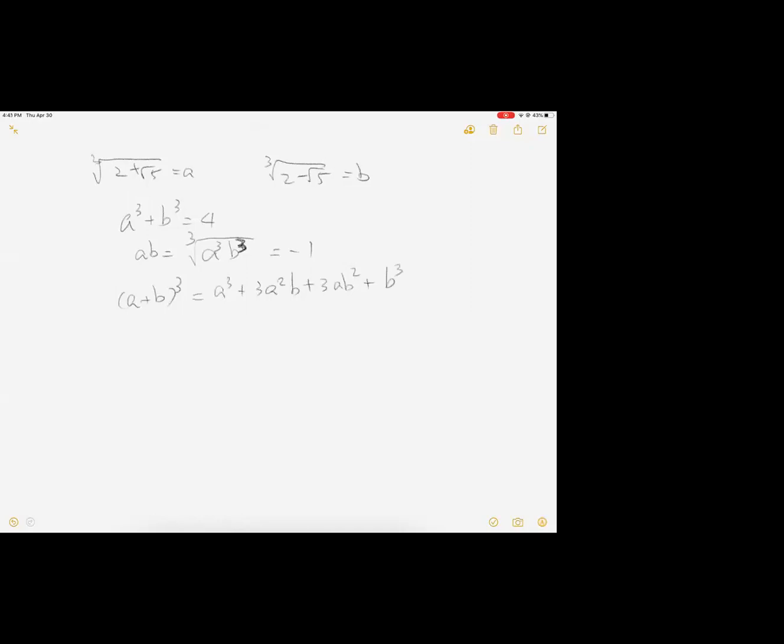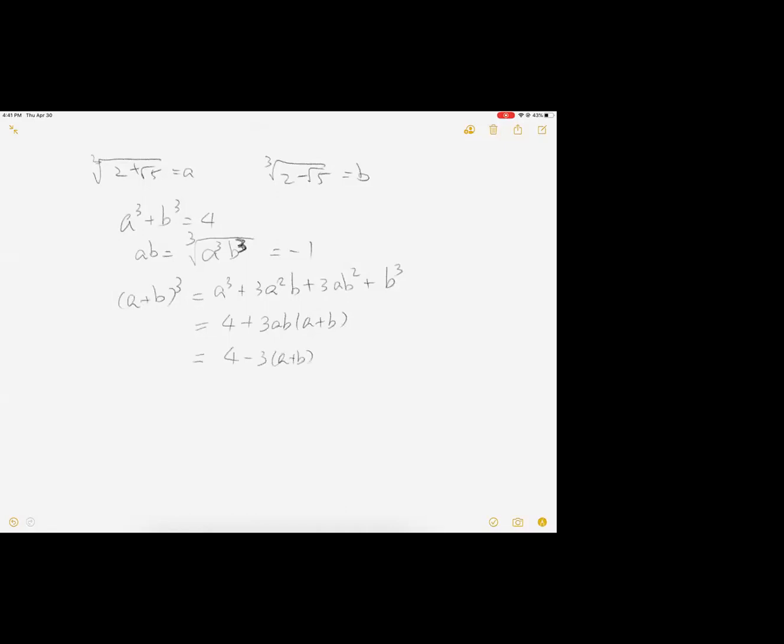I already know that a cubed plus b cubed is 4. And then I saw 3a squared b plus 3ab squared equals 3ab times a plus b, which is -3 times a plus b.